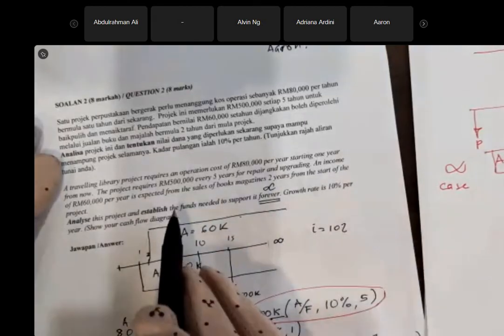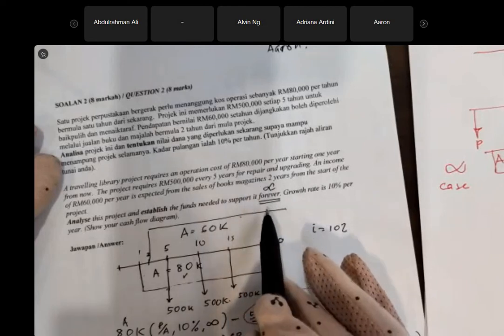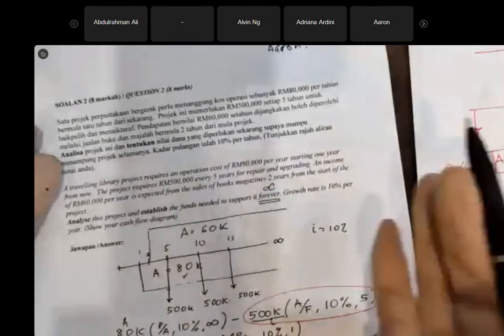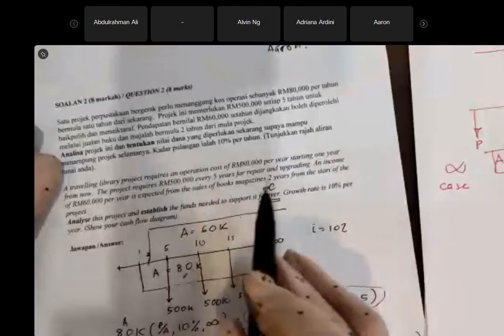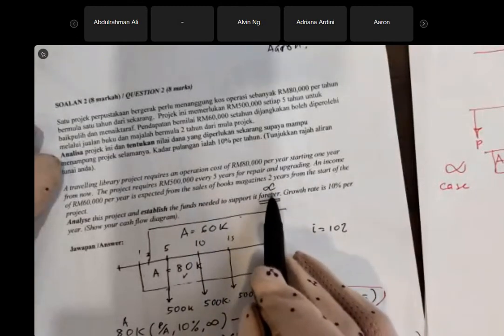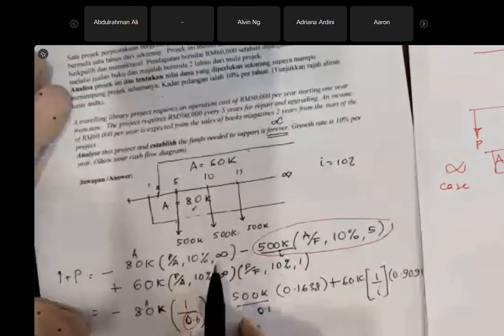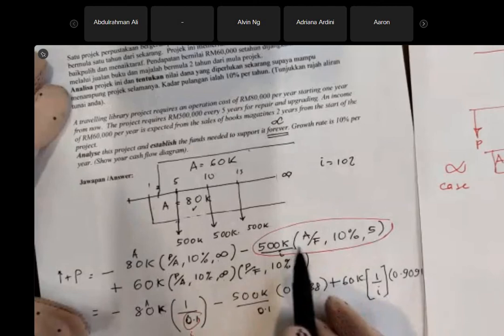Now there is no sentence about the year for the salvage value at the end. So that means now it mentions forever, so we have to assume forever for all the calculation.